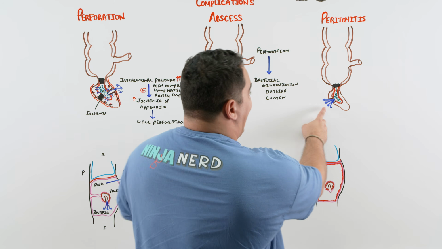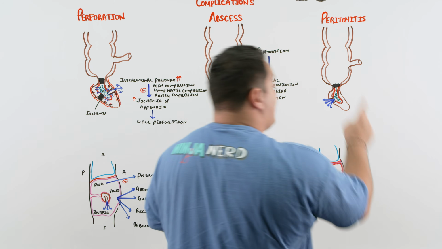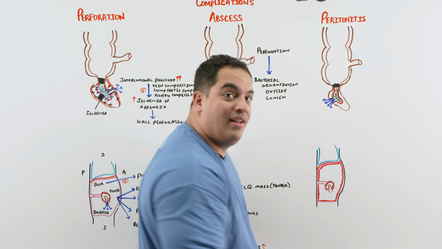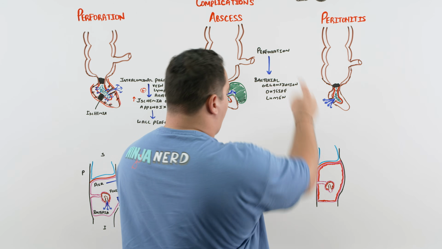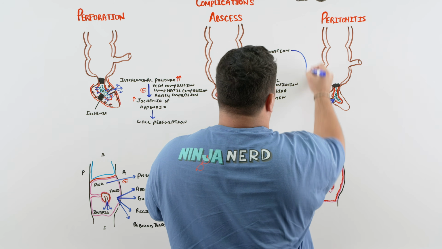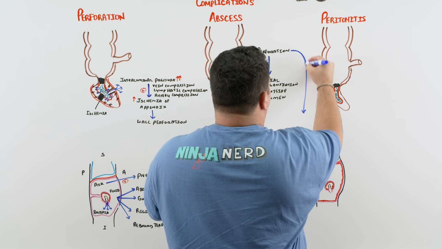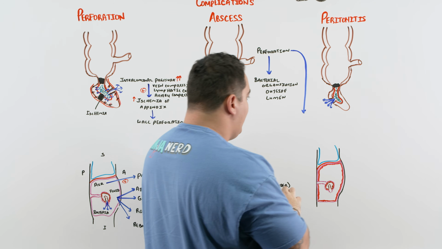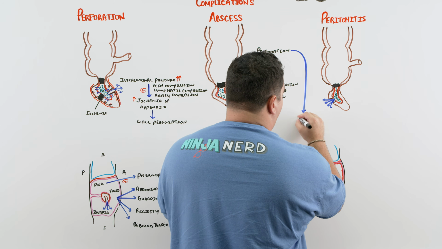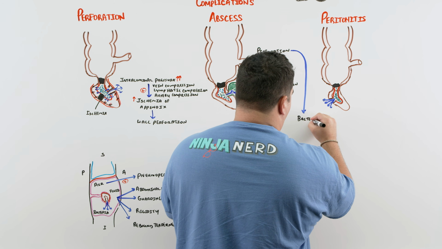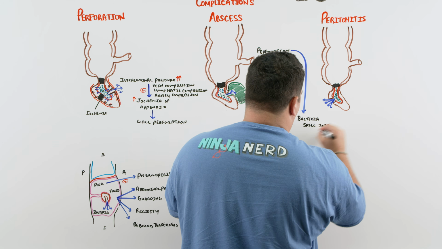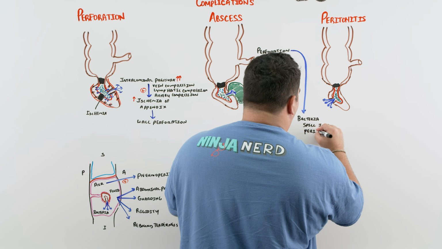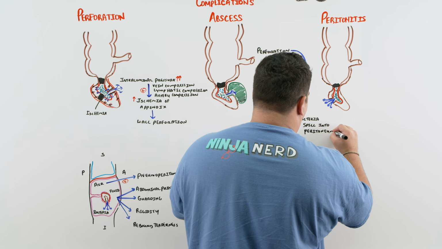If this stuff gets out into the peritoneum and then starts causing inflammation of this pink layer, now we have peritonitis. Perforation and peritonitis are very, very similar. So remember, perforation can lead to a leakage of intraluminal contents, but particularly bacteria spill into the peritoneum. So you see how we kind of have a comparison here? This is really kind of interesting.